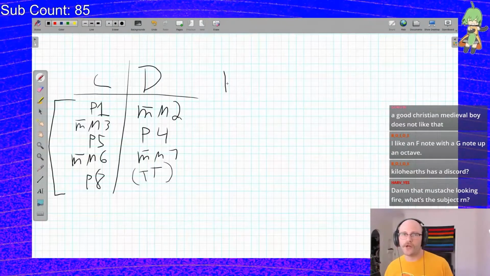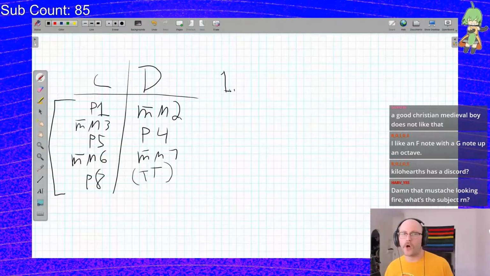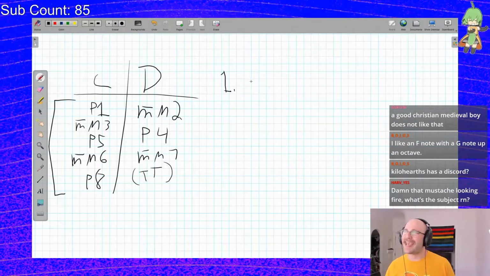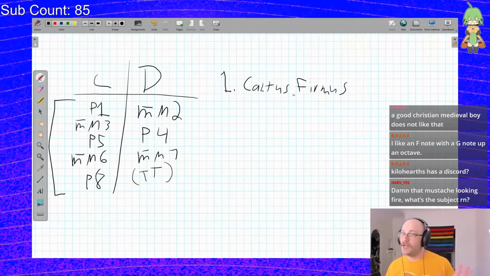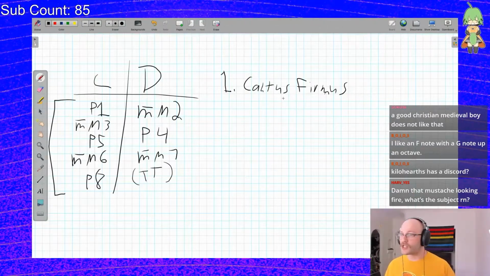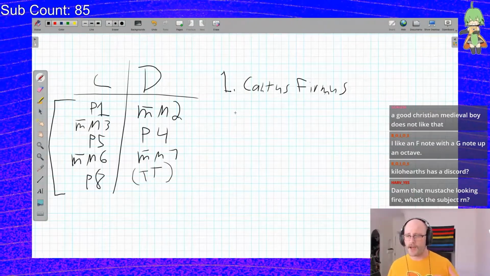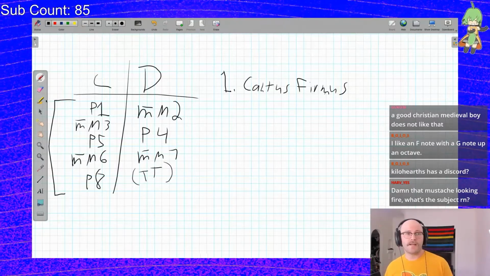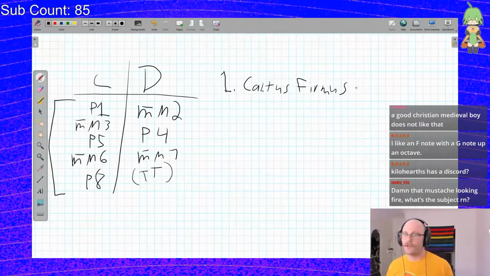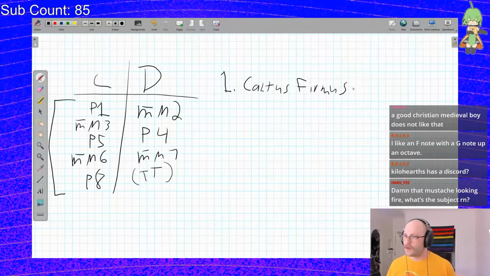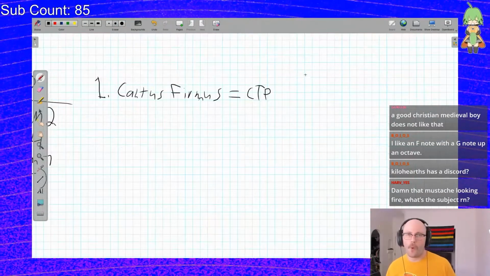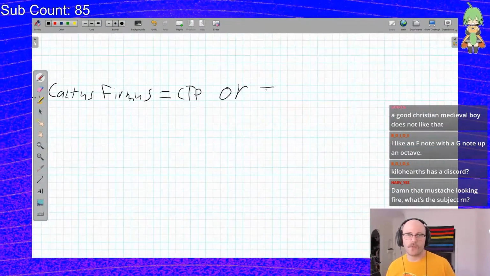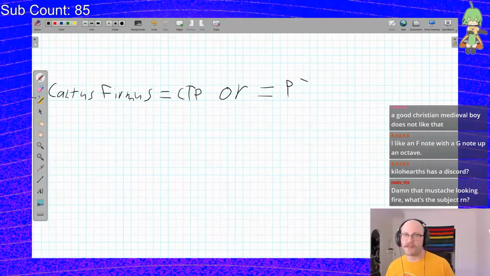The lower note, which we're going to call our CF or cantus firmus, which you can read as like the unchanging melody or the unchanging hymn, must match the first note of counterpoint, which I'll put as CTP for counterpoint, or it must equal a perfect fifth.